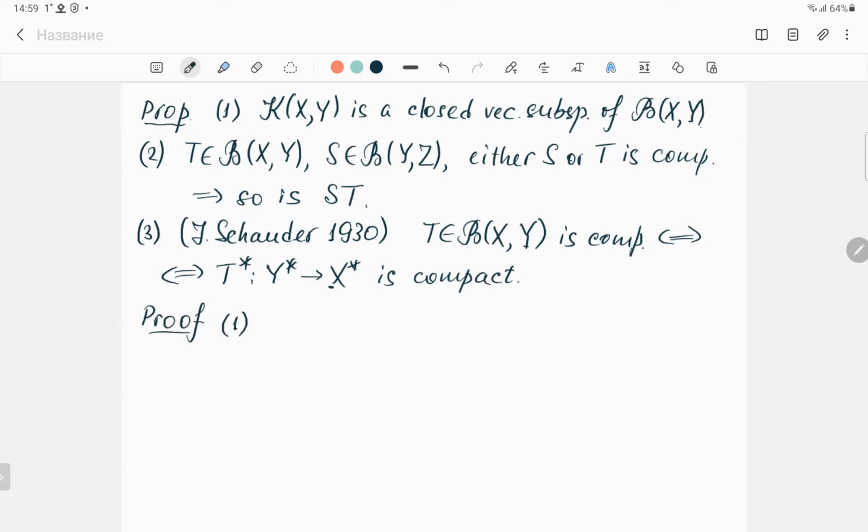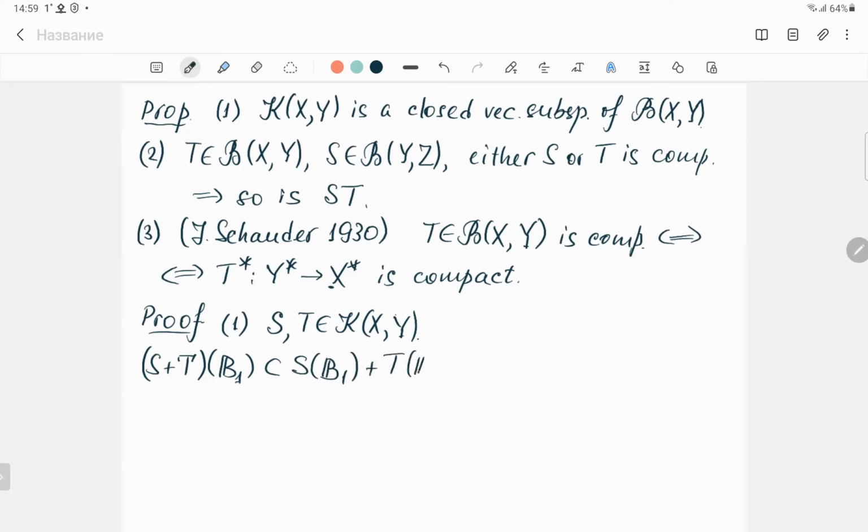Part 1. So why is it a vector subspace? Well, we take two compact operators, S and T, and we want to show that their sum is compact. So we apply the sum S plus T to the unit ball of X. And let's observe that this is contained in the sum S of B plus T of B. So for convenience, we'll take the closures here.